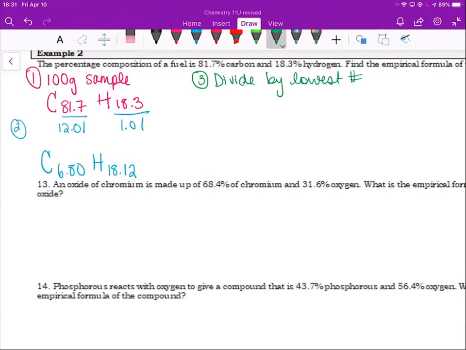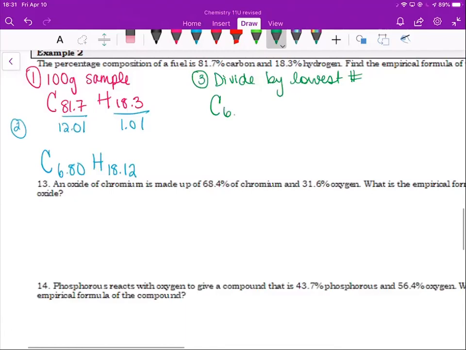You don't have to write these steps out, but just to help you remember, I'm going to divide both of these numbers by 6.80. So you're always going to get one entity that is only going to be 1. And then this here, I think it's going to be 3.33. Oh, sorry, 2.66. Oh gosh, I need to go back to school. My math, it's leaving me.